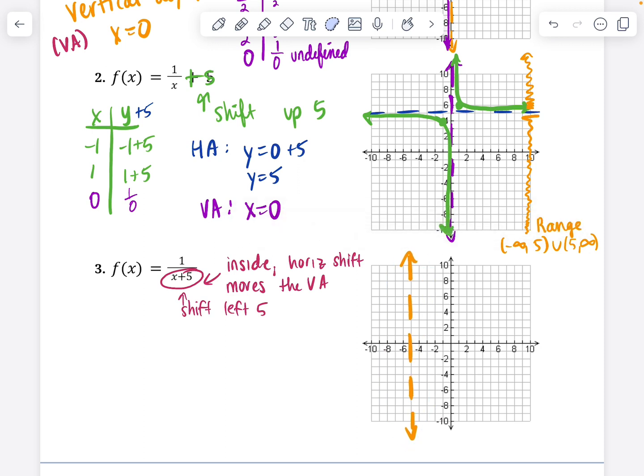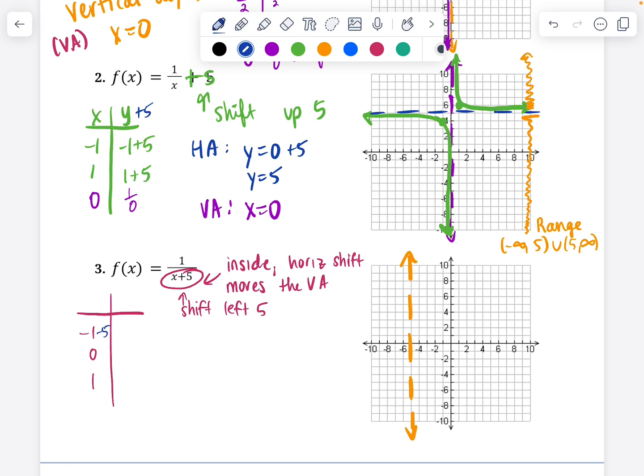If you don't believe me, let's think about it this way. The parent function would normally be like -1, 0, and 1. Those are the places that we would graph, and 0 would be where an asymptote is. If we subtract 5 from all of those x values, we're at -6, -5, and -4.